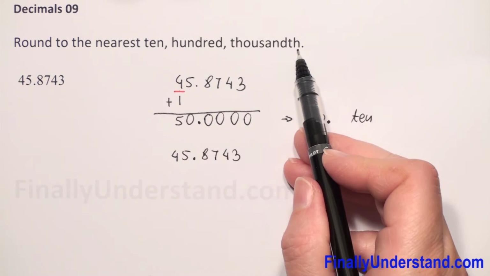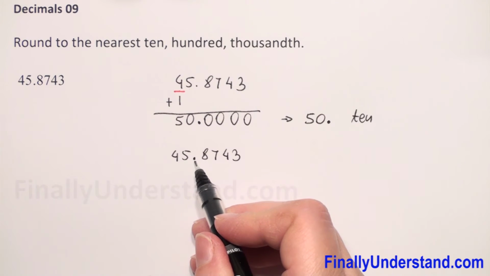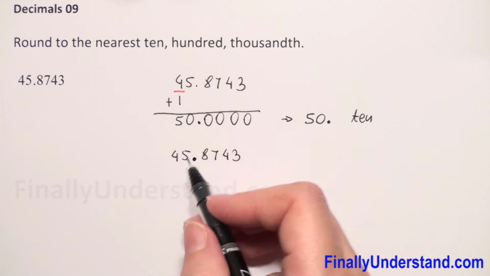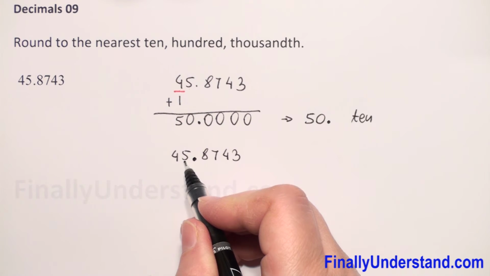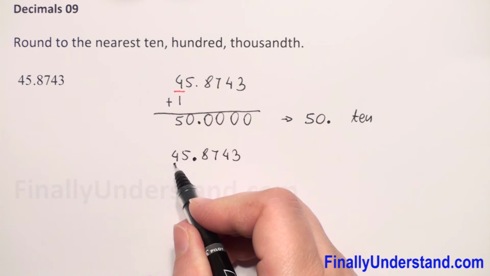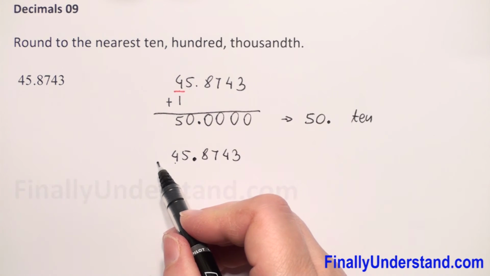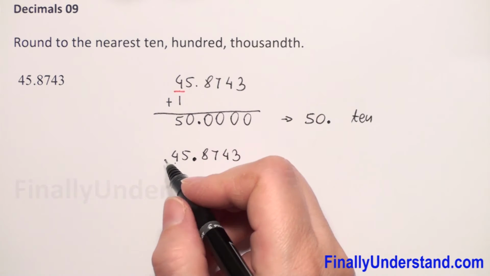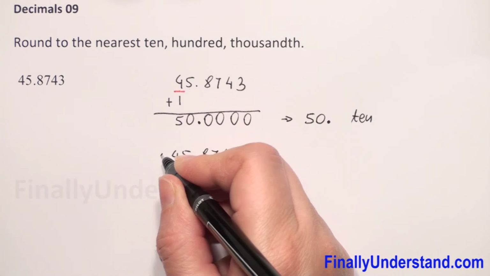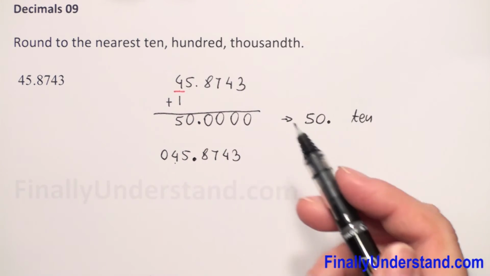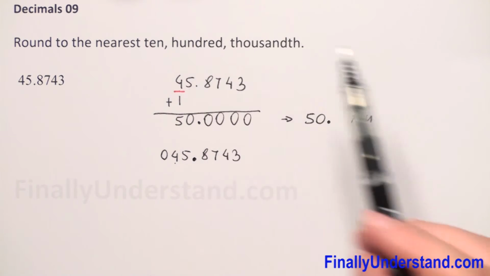When we have TH, we move to the right from the decimal point. So the first digit to the left from the decimal point is ones, tens, next is 100. Because we don't have any number here, it means 0. We can add the 0 and we need to round to the nearest 100.